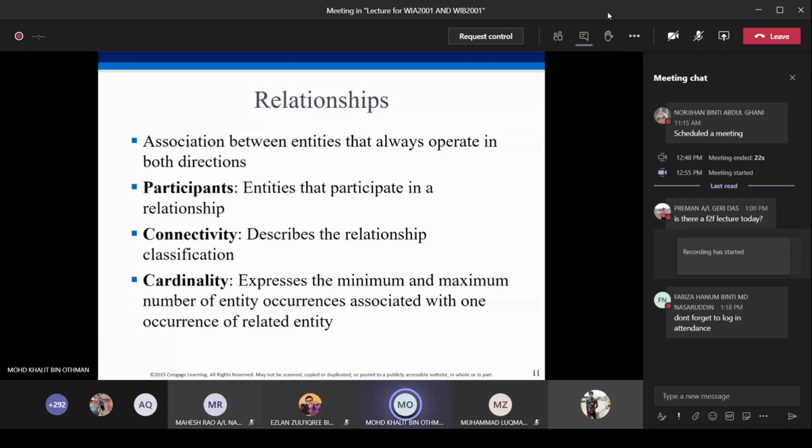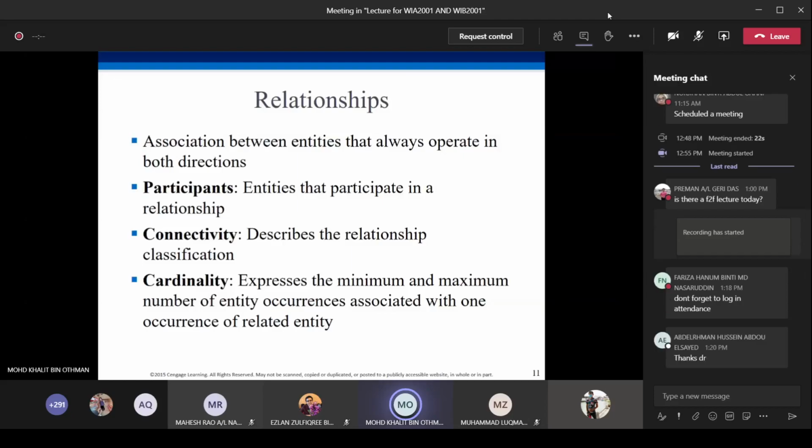For example, a student takes a class is an example of a relationship in the ER model. Student is an entity, class is an entity, and takes is an association between entity student and entity class. So overall, a student takes a class is a relationship between student and class.